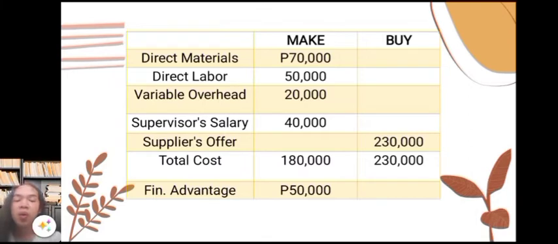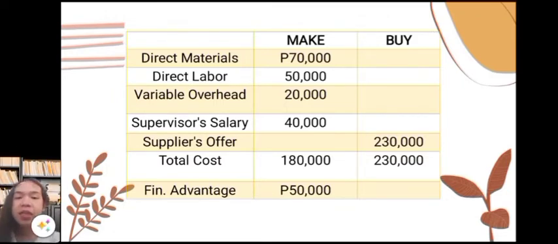So what should the company choose? Of course, it is obvious. The result shows it all. Kailangan ng company na sarili nilang gawin yung product nila because it would give them a financial advantage of 50,000 compared sa offer ng outside supplier.